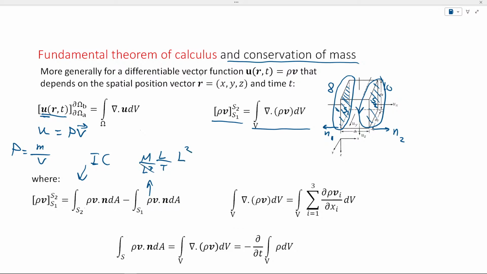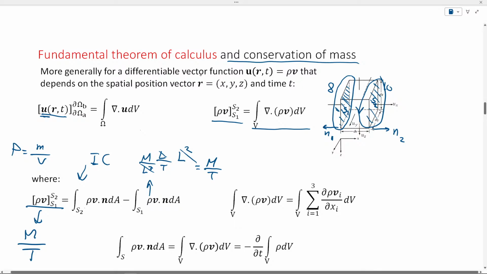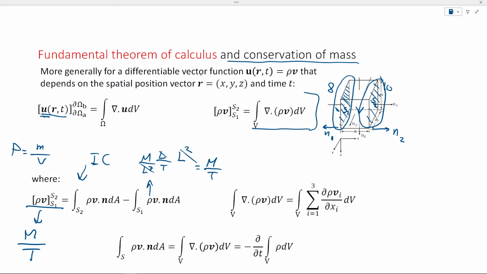So if I got this, this will cancel with this. And then I got here mass over time. So basically, this is telling me how my mass is changing in time across this boundary. How my mass is changing in time across this boundary will basically tell me how much is being stored or depleted inside, which is the second term of my equation here.